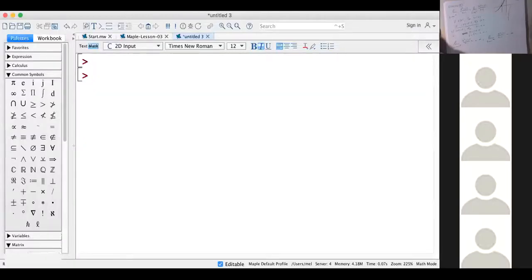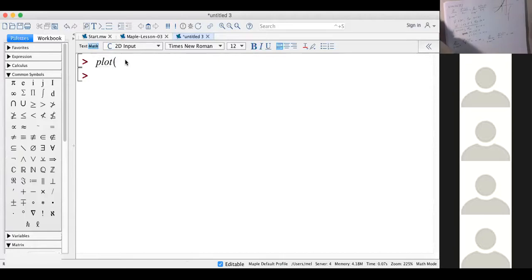Can you see this Maple worksheet? Is that visible? Can someone say yes or no? Yeah, we can see it. Okay. So we have this function, f. Well, let's just plot it.